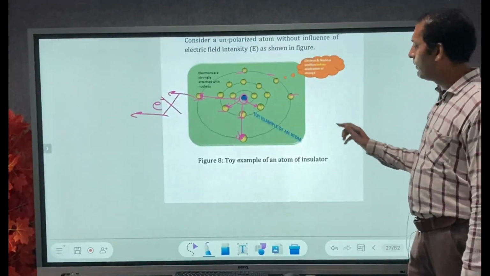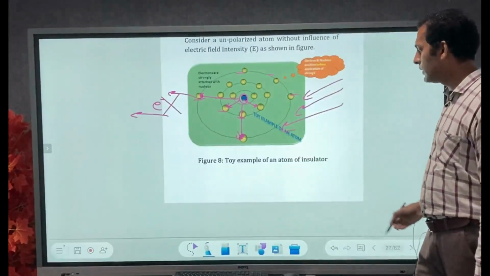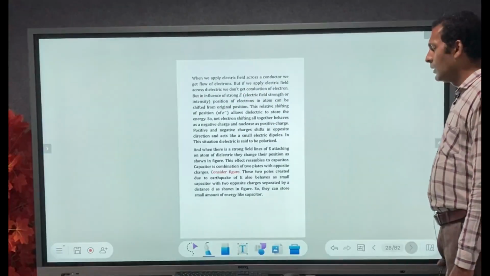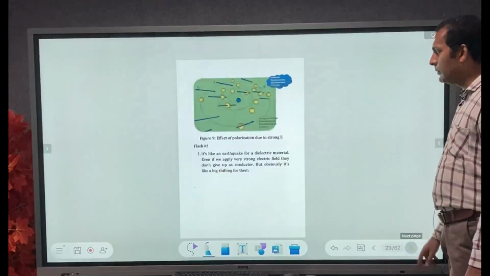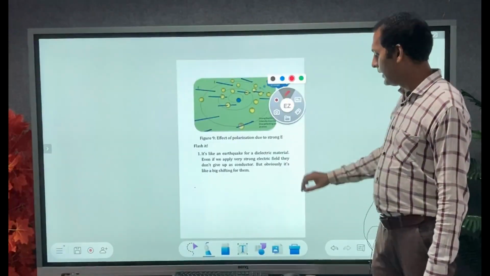Now we will apply an electric field, a lot of electric field, and see what happens. We consider the same diagram where we are applying a huge amount of electric field.